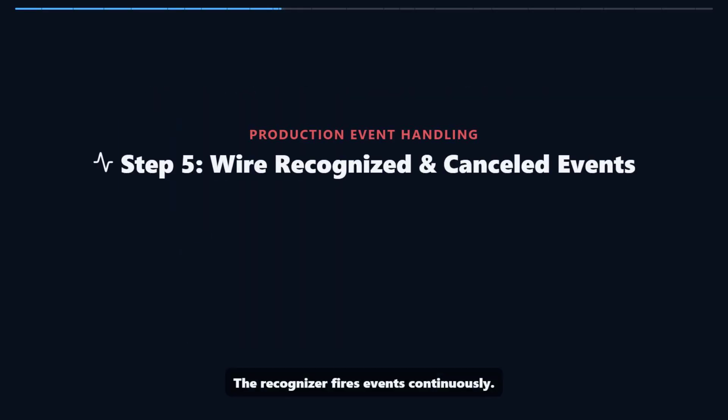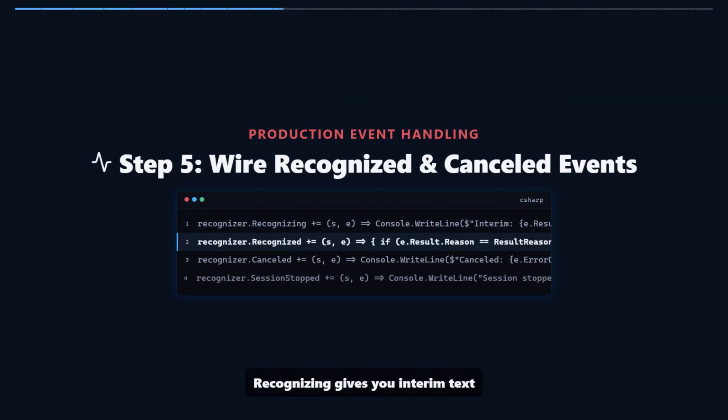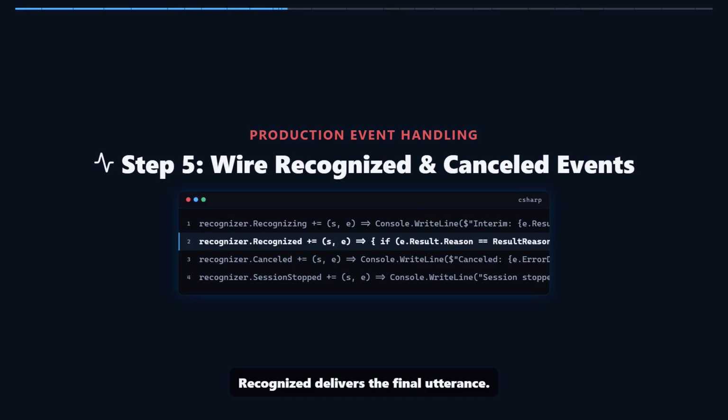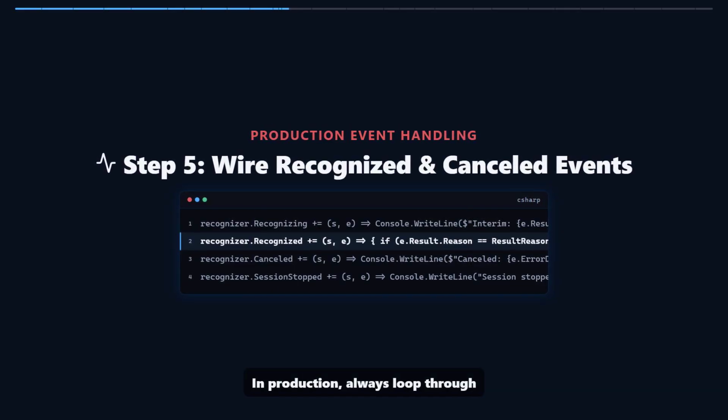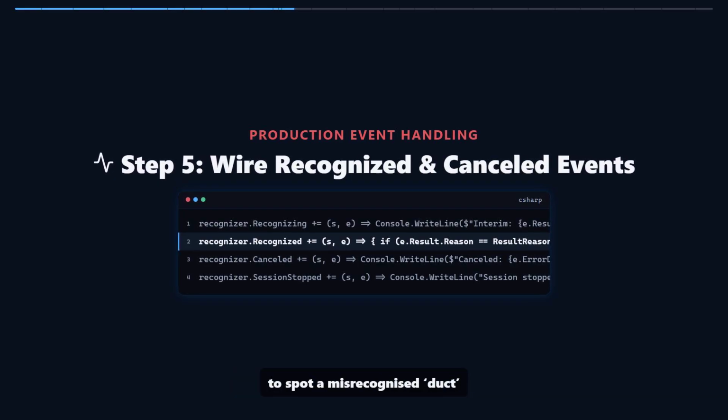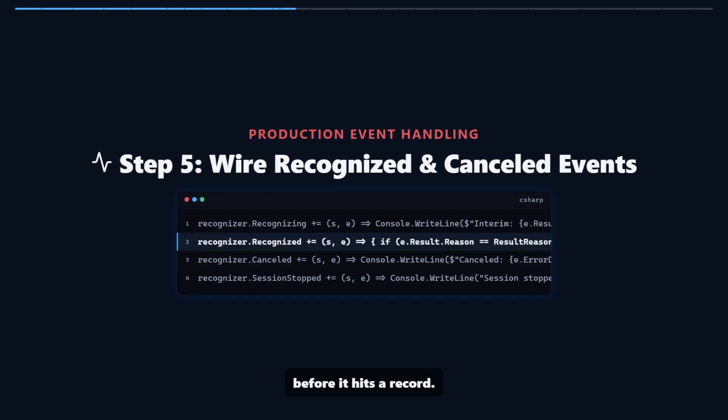The recognizer fires events continuously. Recognizing gives you interim text as speech is detected, while recognized delivers the final utterance. In production, always loop through word-level results and log each word's confidence. That's the only way to spot a misrecognized duct before it hits a record.